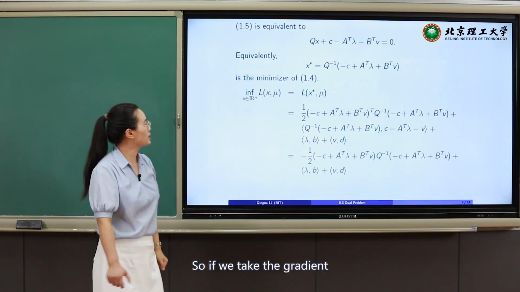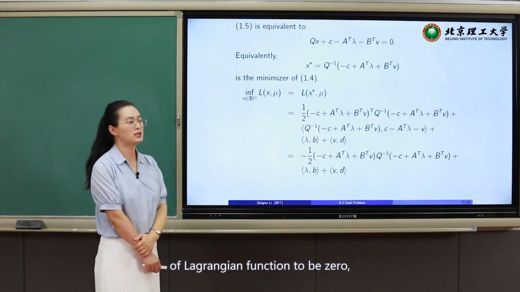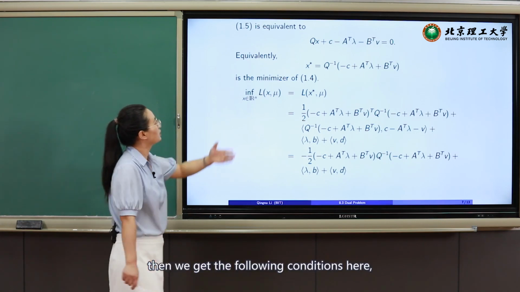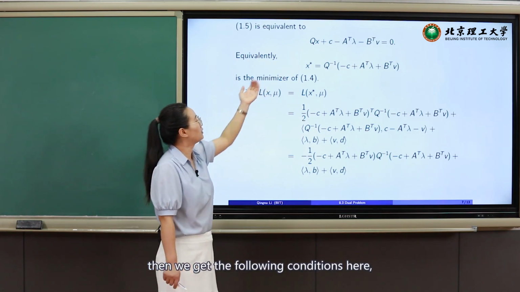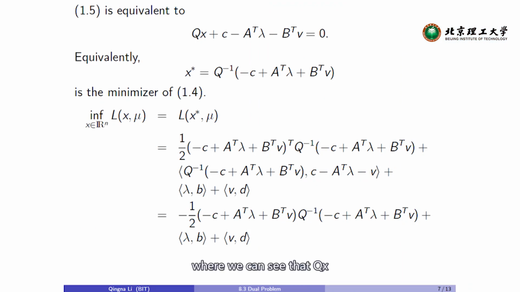If we set the gradient to 0, then we get the following condition, where Qx equals a constant vector. Since Q is positive definite, we can get the solution x star, which is the inverse of Q multiplied by the right-hand side vector.